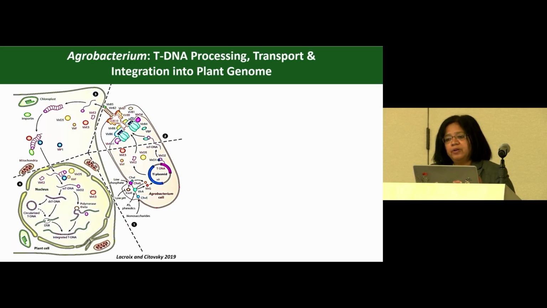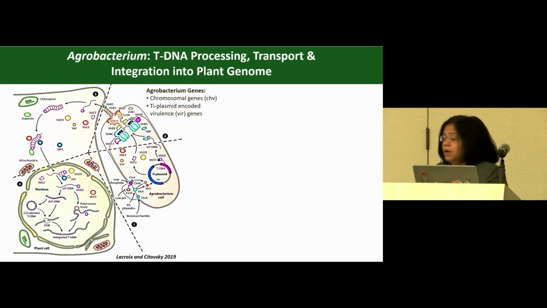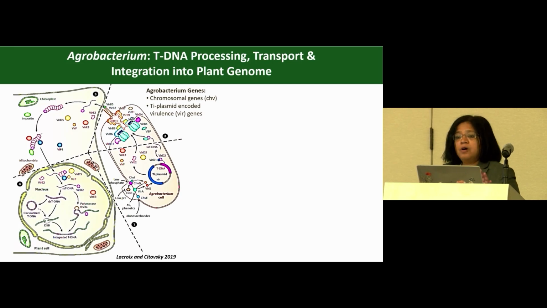It's very important to understand and think about these principles because that's how we can troubleshoot the efficiency or efficacy of the transformation process. This slide focuses on the proteins or genes from the agrobacterium itself, and how they play a role in the transfer of the tDNA into the plant cell.